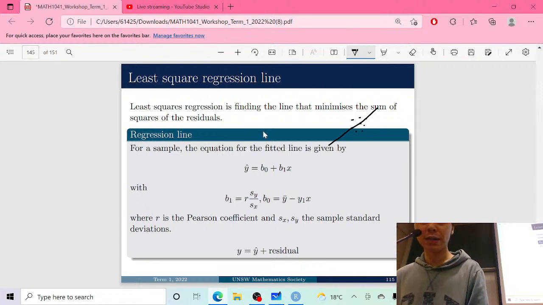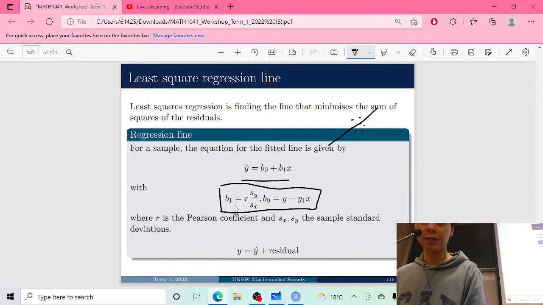The first way is we're given a very general equation for a line, and it turns out that the best line for any data is given by these coefficients here. So B1 is given by r times sy divided by sx, and B0 is given by y bar minus B1 x bar.